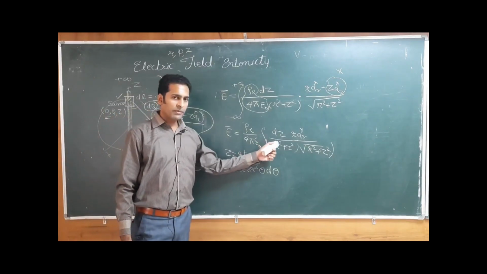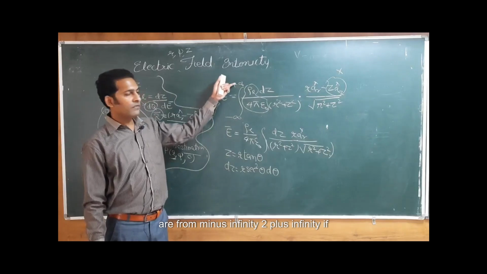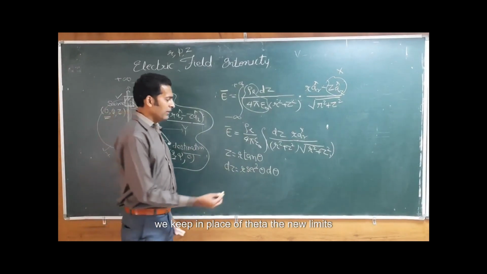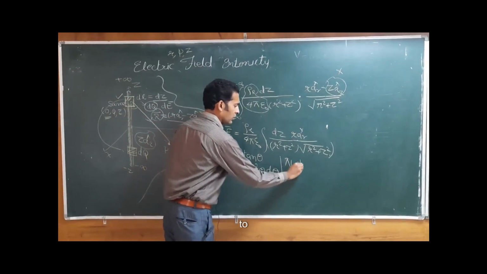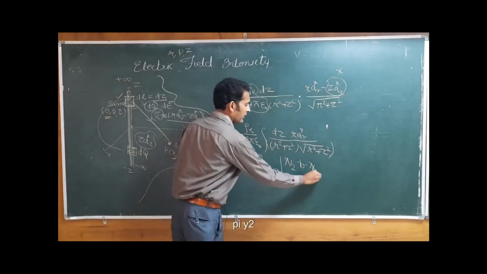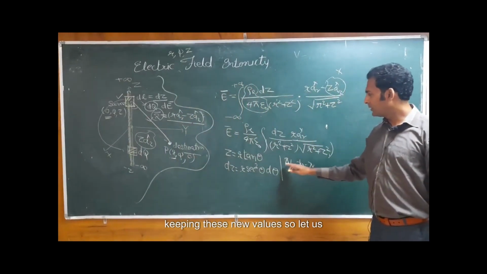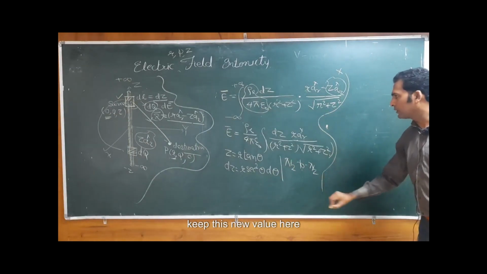Now we are using a substitution, so the limits will change. Earlier limits were from minus infinity to plus infinity. If we keep in place of theta, the new limits will be from minus pi by 2 to pi by 2. So now we have to solve this expression by keeping these new values. So let us keep this new value here.